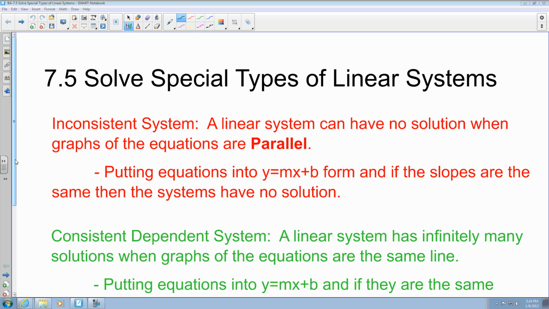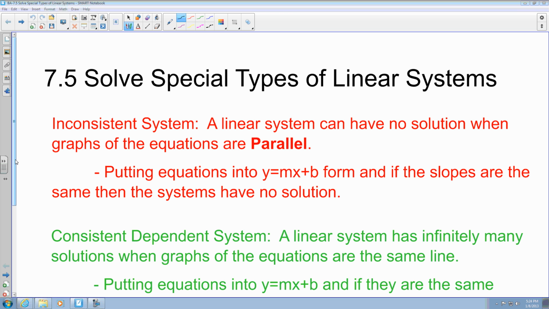An inconsistent system is a linear system that has no solutions, because when you graph those equations, the two lines are parallel. When you're solving for those systems, you get values for x and y, and those values of x or y are when the two lines intersect or cross. And if the lines are parallel, they will never cross.